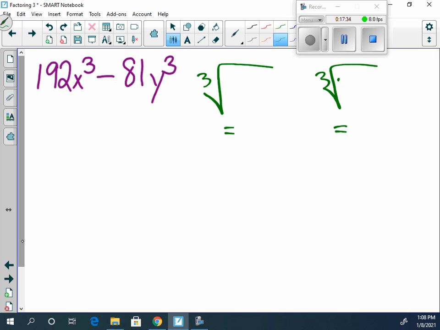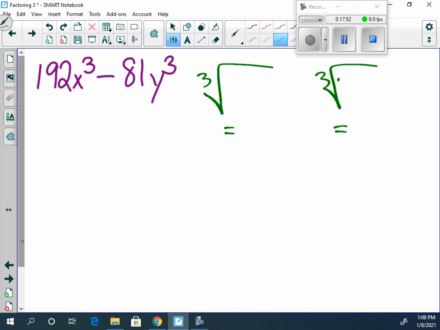Well, what numbers do we know is divisible by 81? We know 9 and 3. 9 and 3 would go into that one. So that's what I would try. So we could do 192 divided by 9. But that's not going to work.